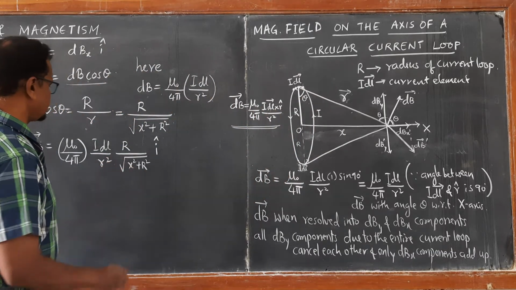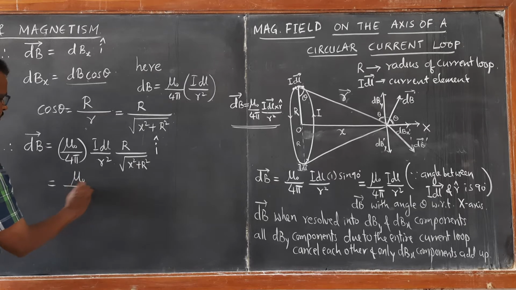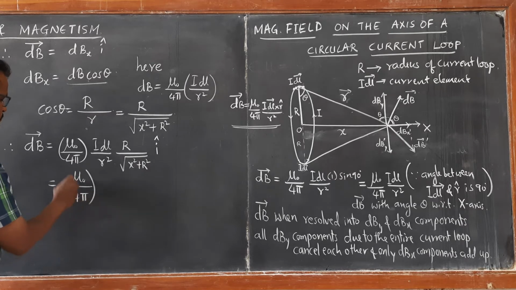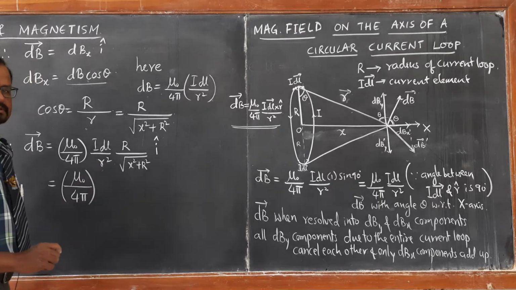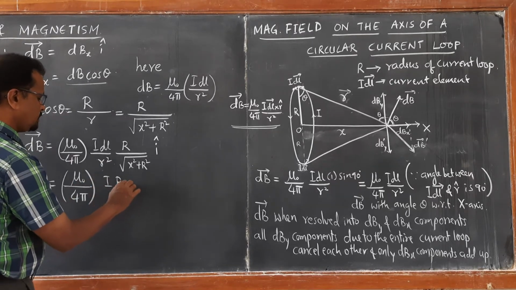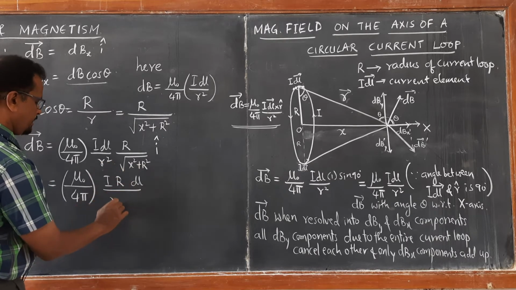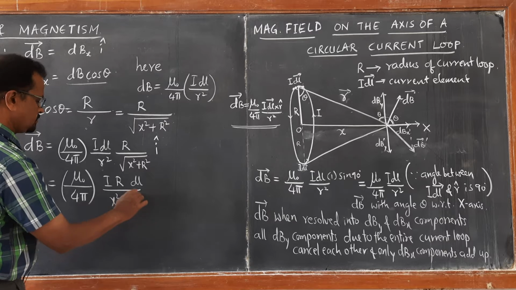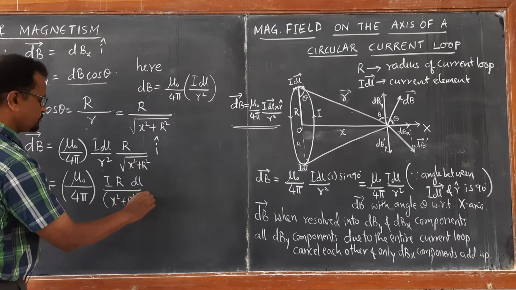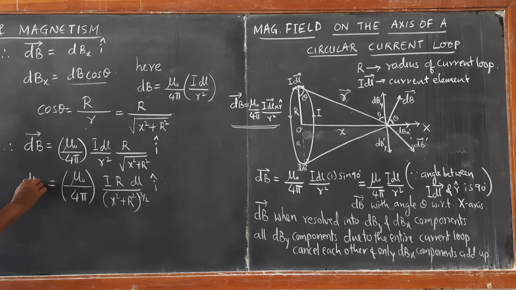So further I can simplify now as mu naught upon 4 pi. You see, this r square is also x square plus R square. So I can write it as I R dl by x square plus R square whole raised to 3 by 2 I cap. So this becomes the magnetic field.